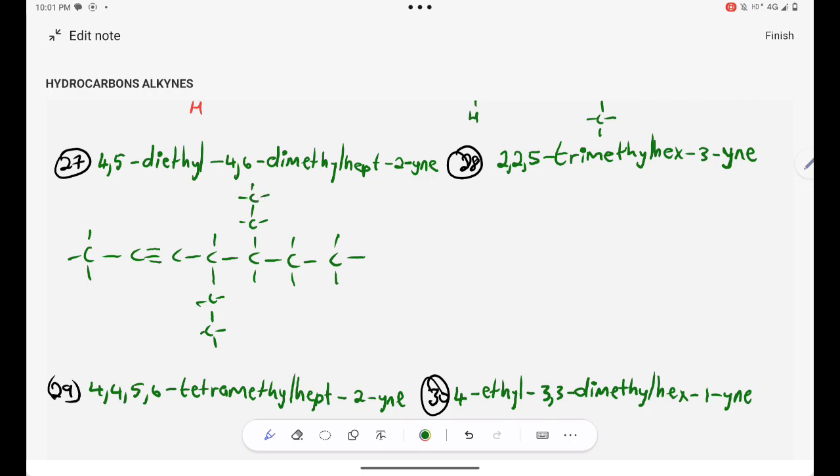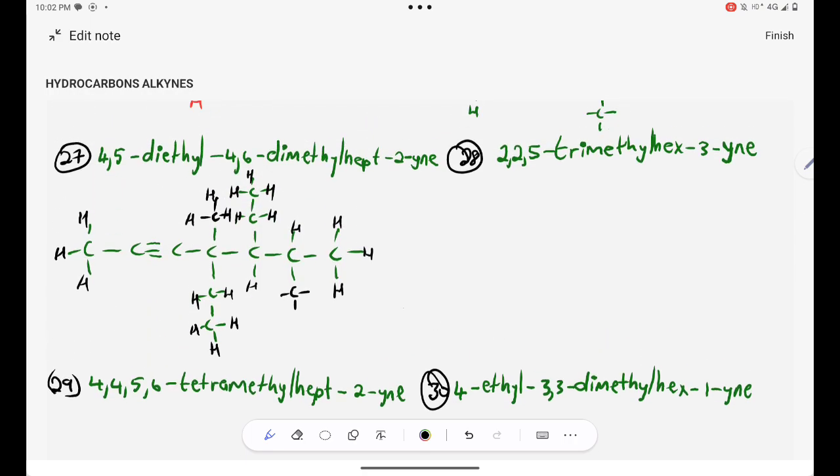And carbon number 4 as well has another side chain, which is a methyl, and carbon number 6 as well. All you have to do is to write your hydrogens. And this would be the structure of 4,5-diethyl and 4,6-dimethylhept-2-yne.